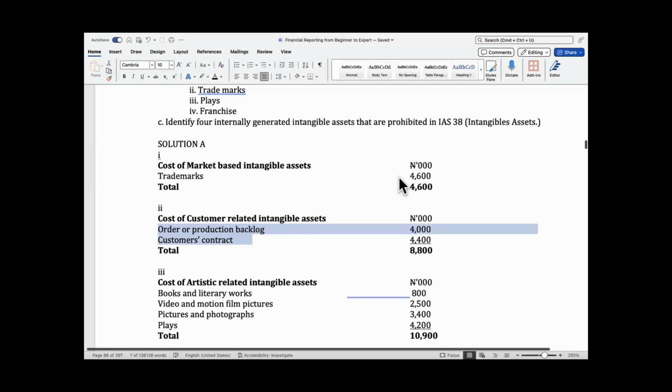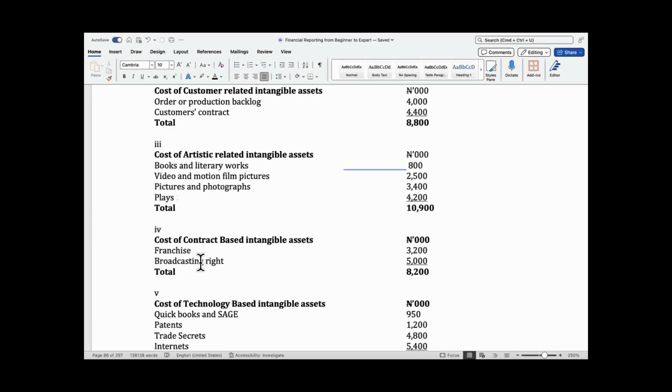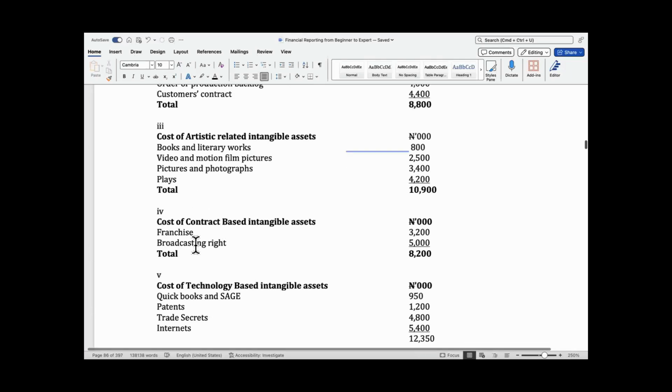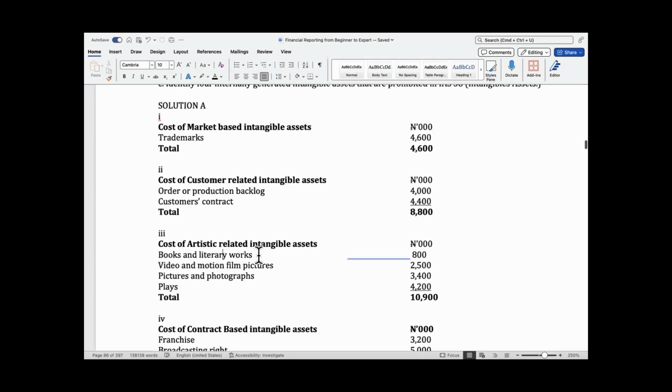The same thing for artistic related: I put books and literary works, videos and motion films, pictures, plays as artistic. Then for those that are contract based, I put franchise and broadcasting rights. Other people might have even put customer contracts under contract based. And for technology, I put QuickBooks, patents, trade secrets, internet. So it's majorly subjective.